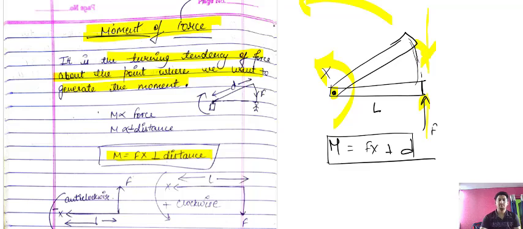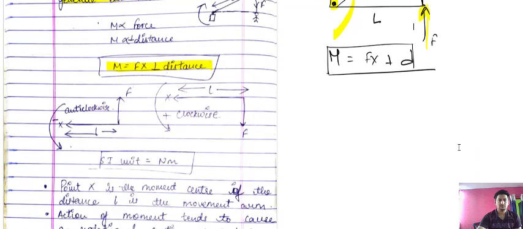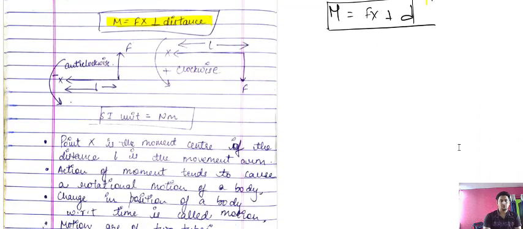So it can be anti-clockwise or clockwise. Here the force is applied in this direction, so the moment produced will be anti-clockwise. If we apply the force in the other direction, it will rotate like this, which will be clockwise.